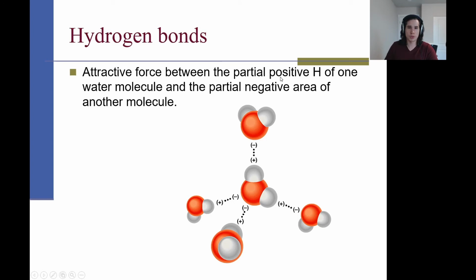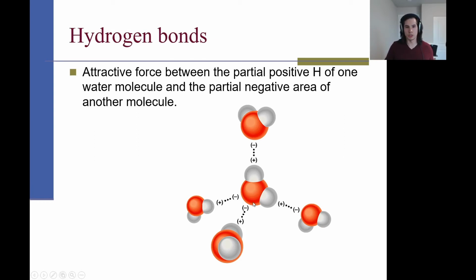So the attractive force between the partial positive of the hydrogen of one water molecule and the partial negative area of another molecule. So here's your hydrogens, partial positive attracted to that partial negative of that oxygen. And here you've got the partial negative of this oxygen, which attracts the partial positive of this hydrogen. So water tends to stick to itself.